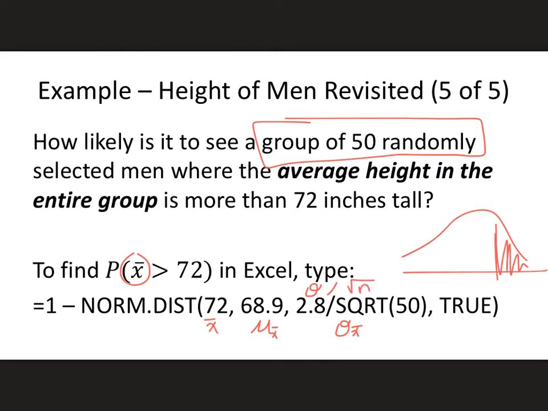And that's what you can see here in 2.8 divided by SQRT parentheses 50. And then we'll finish with that true statement. When you put this into Excel, that's how you're getting that very, very small probability that we saw toward the beginning of this lesson.